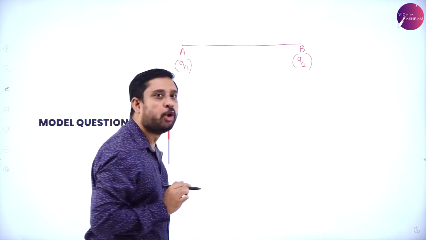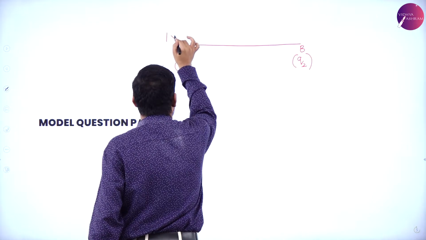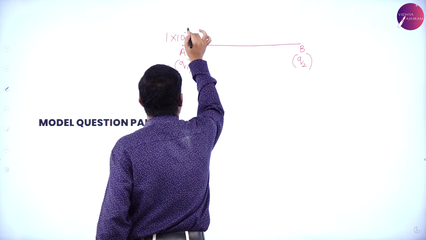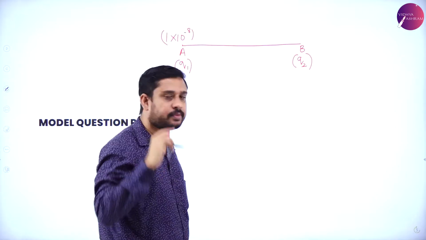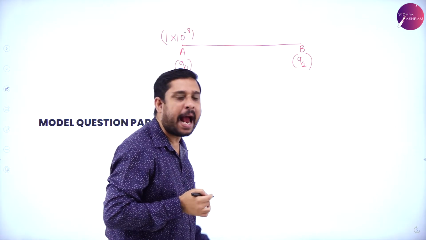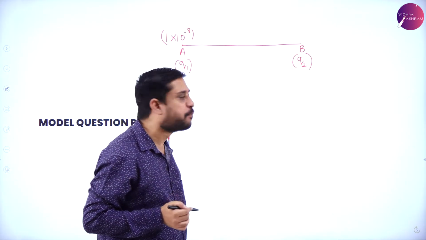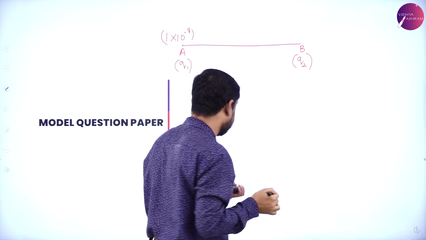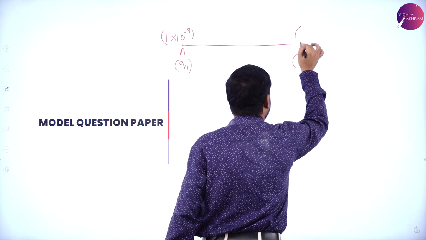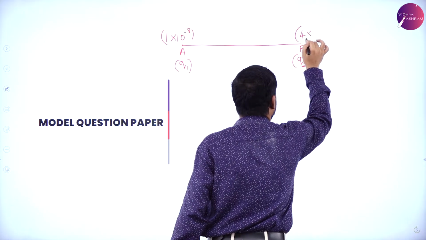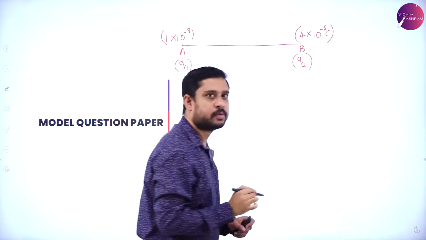The magnitude of the charge at A is 1 into 10 power minus 8 coulomb, and the magnitude of the charge at B is 4 into 10 power minus 8 coulomb.